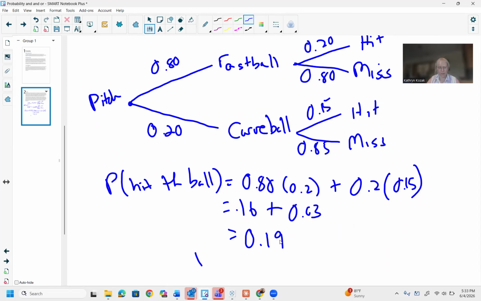I'm sorry, 0.19. So very small chance that somebody actually would hit the ball.